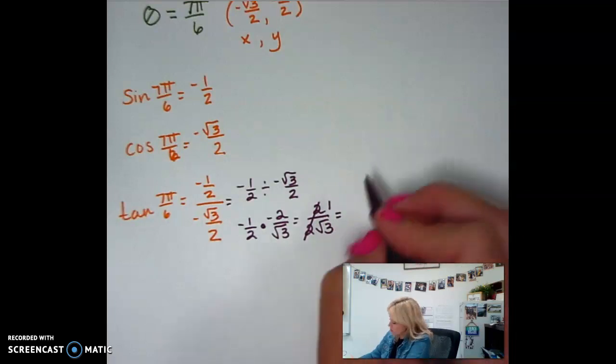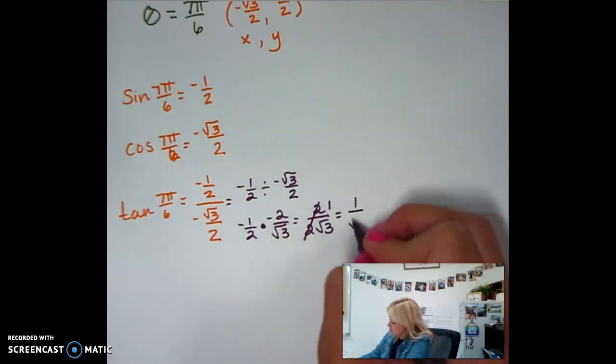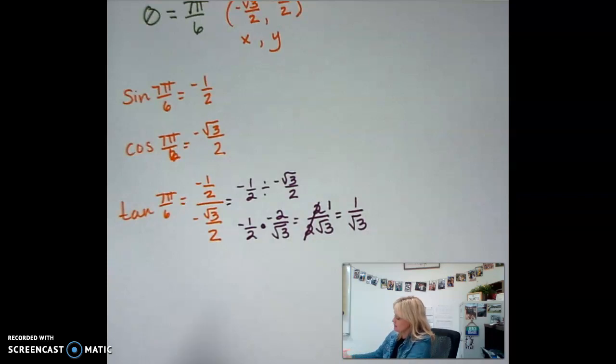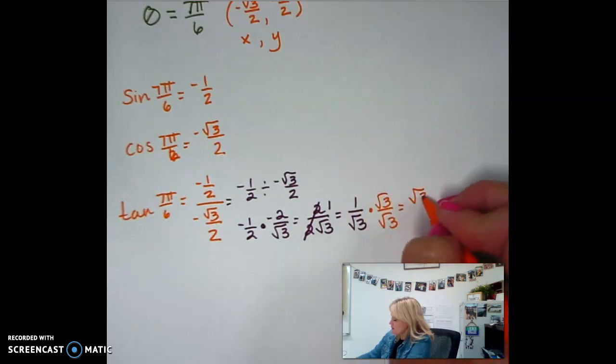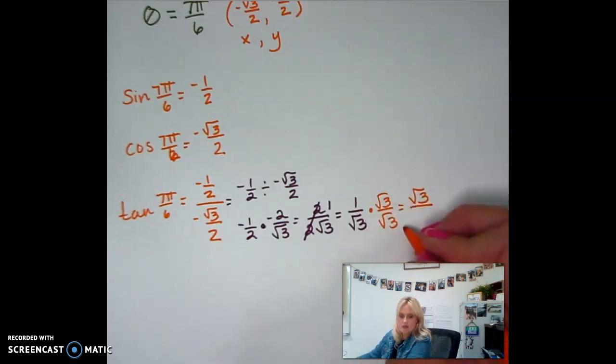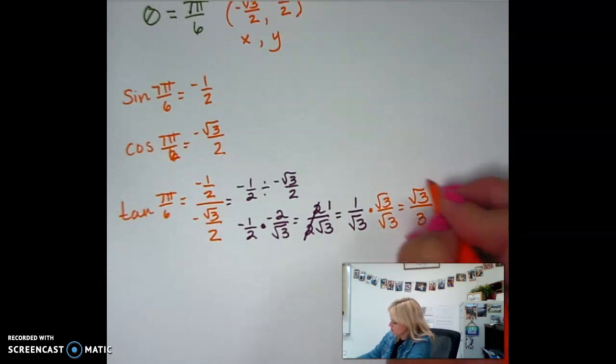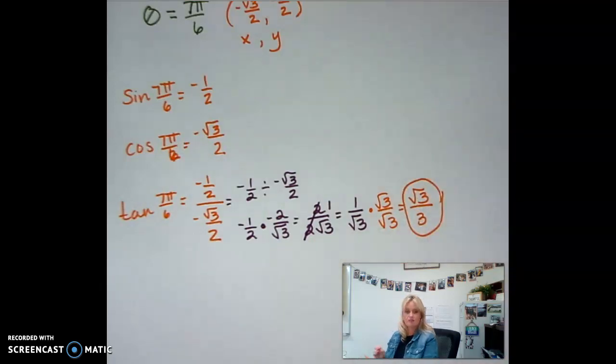However, I need to rationalize this by multiplying both the top and the bottom by the square root of 3. 1 times the square root of 3 is the square root of 3. Square root of 3 times square root of 3 is the square root of 9, which is a positive 3. Notice my tangent is positive because a negative divided by negative is positive.